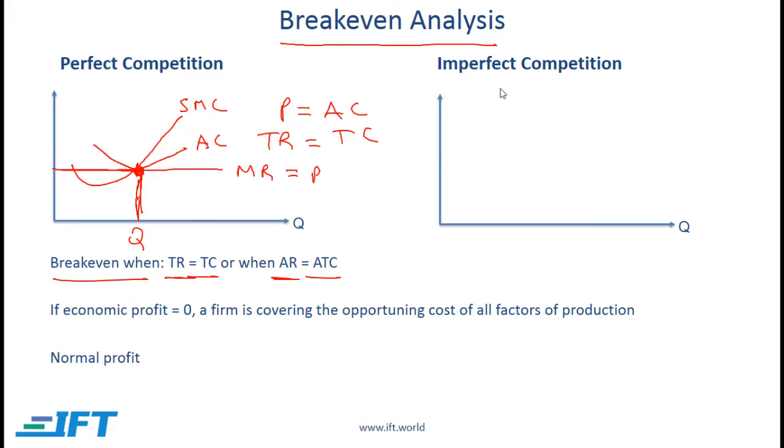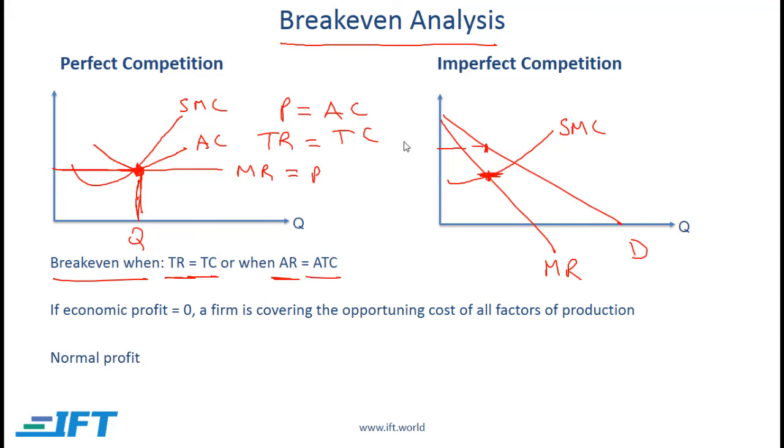What if we have imperfect competition? Now this would be the demand curve, this would be marginal revenue. Profit maximization happens at a point where the short run marginal cost is equal to marginal revenue. So in this situation the price will be set based on the demand curve.